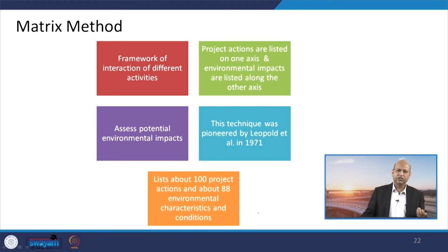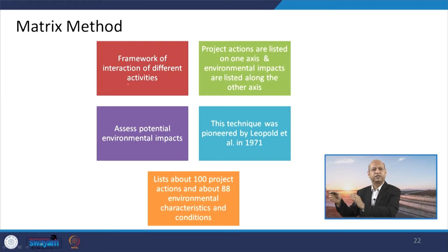There is another method which is matrix method. So in matrix method we have a framework, okay. Interaction of different activities, a framework is developed, and then different actions of the project are listed on one axis, and the environmental impacts on the other axis. So this is a matrix, vertical and horizontal, you list activities and their impacts, or impacts and activities, either way.